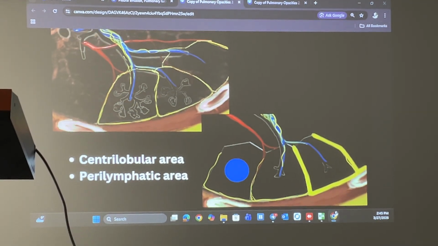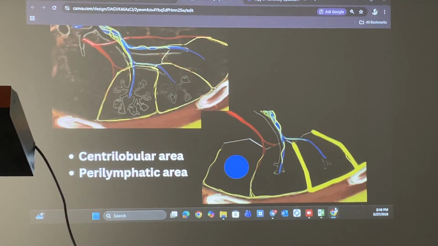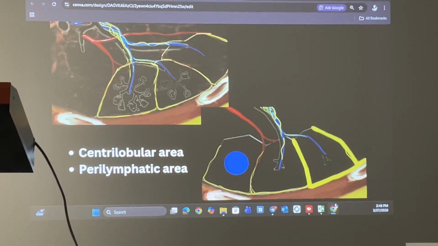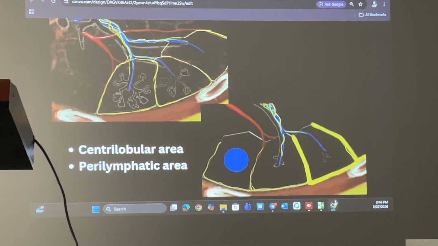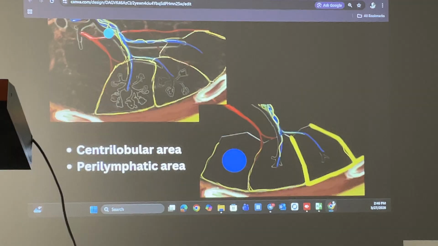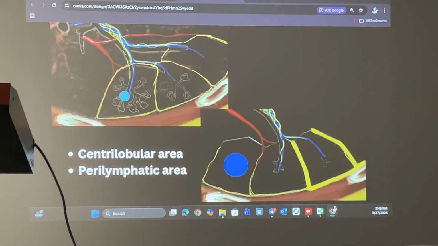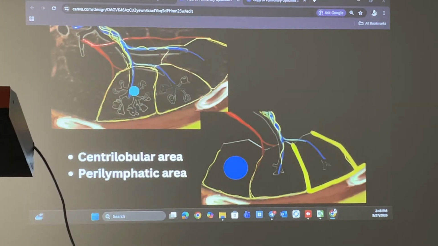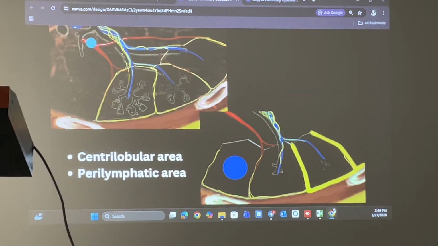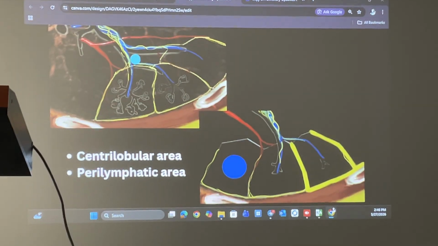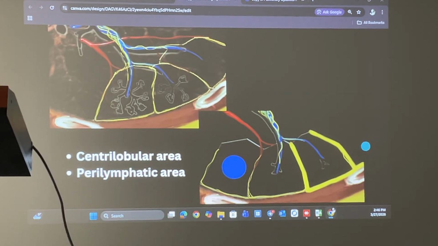Why is it artery? Because they supply the alveolar blood, and then the exchange of the gas is performed here, and then the veins go to the heart, and the oxygenated blood is supplied to the other organ systems.